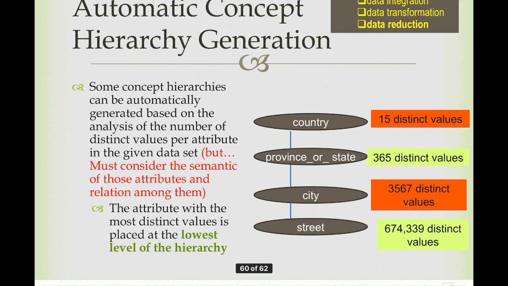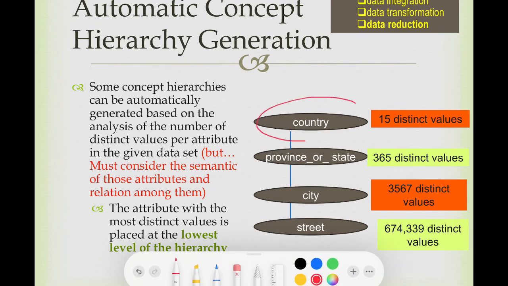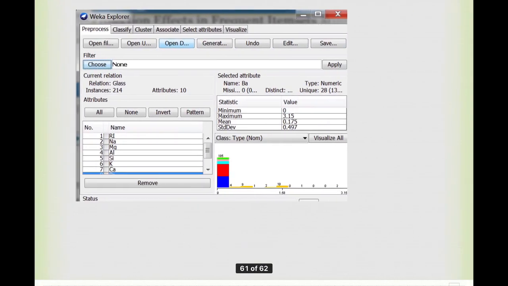Concept hierarchy can be automatically generated, but you have to consider the semantics, okay? So country, if we have 15 countries, for sure our provinces or states must be double or bigger in number than our countries. Then similar goes to city and also street. The attribute with the most distinct values is placed at the lowest level of the hierarchy.